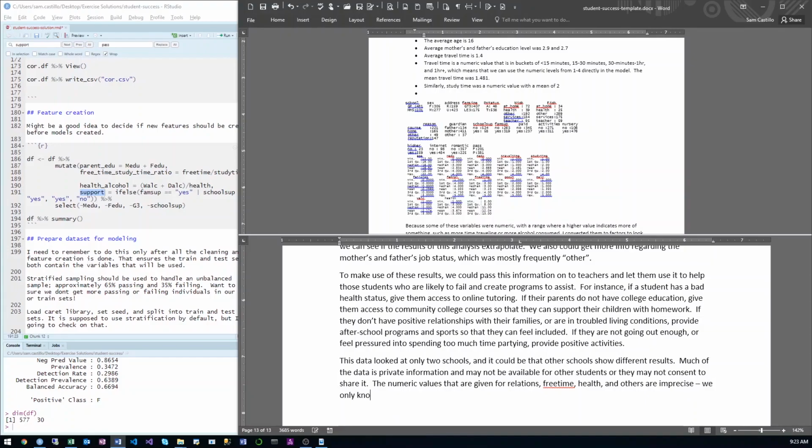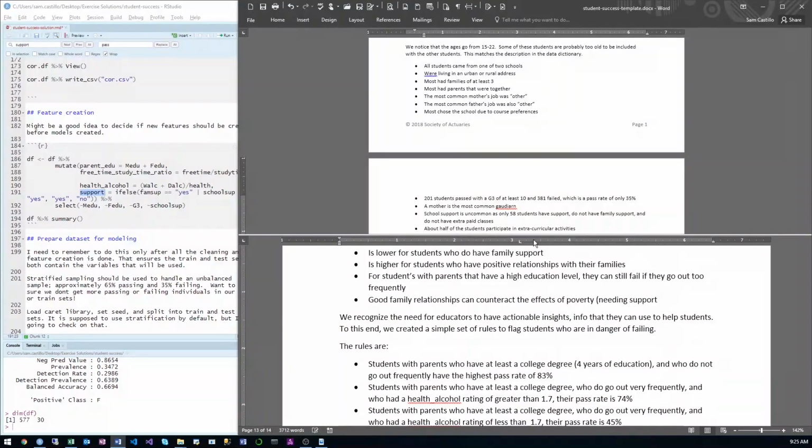We only know that a higher value corresponds to more of something, such as better health or more time going out, but do not know the precise meaning of these. Yeah, and that is what I have so far.